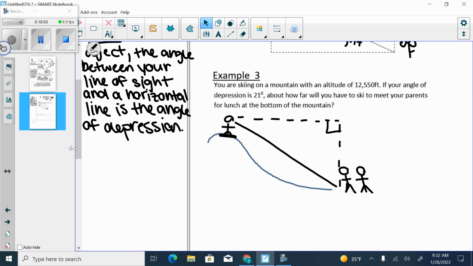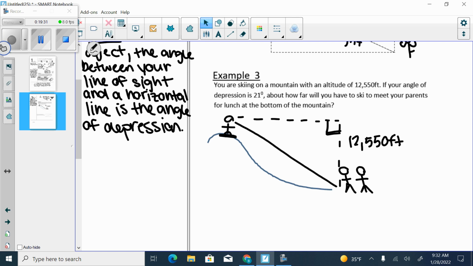Okay, so they said that this mountain has an altitude of 12,550 feet. So where would I put that on this figure that we've drawn? All right, this vertical line over here is representing height or altitude. Good. Remember, your altitude should form a 90-degree angle, right?